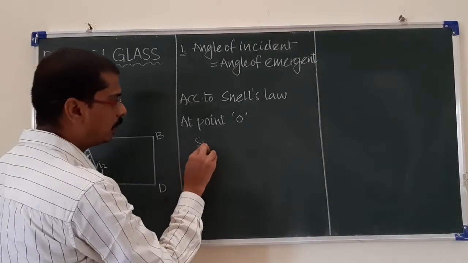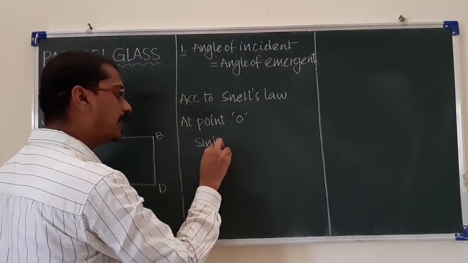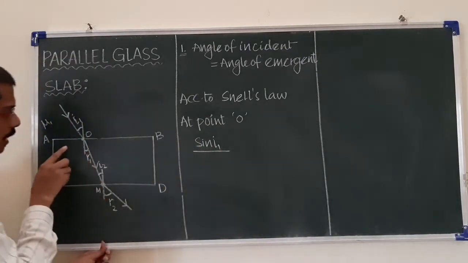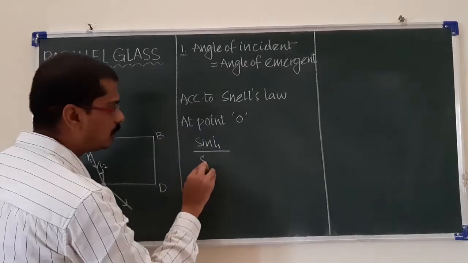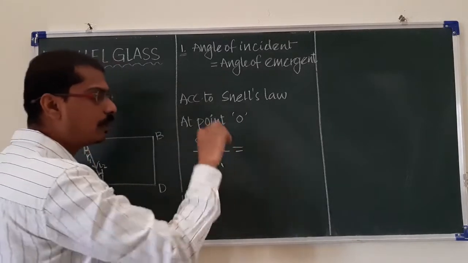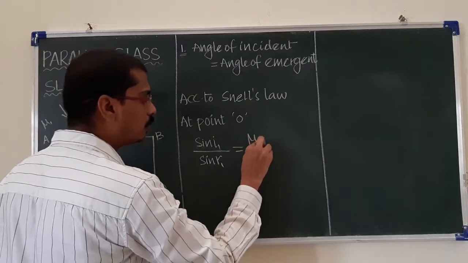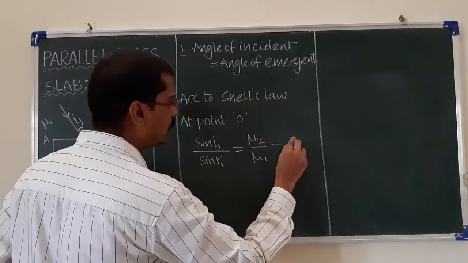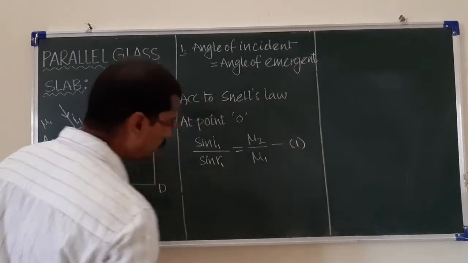The sine of the angle of incidence to the sine of the angle of refraction, sin I1 upon sin R1, is equal to mu2 upon mu1. Say equation number 1.